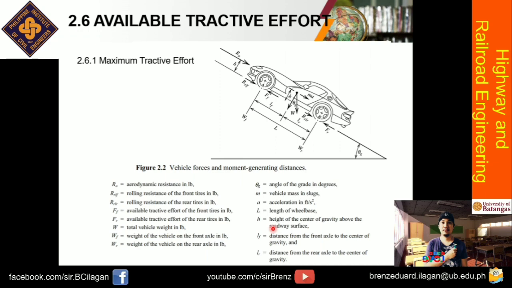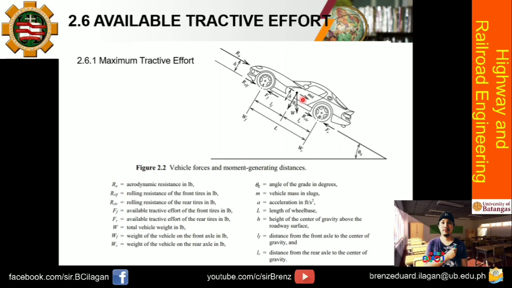And the center of gravity, again, is the point where your weight W acts. And your L sub R is the distance from the rear axle to the center of gravity. Okay? So, next slide.